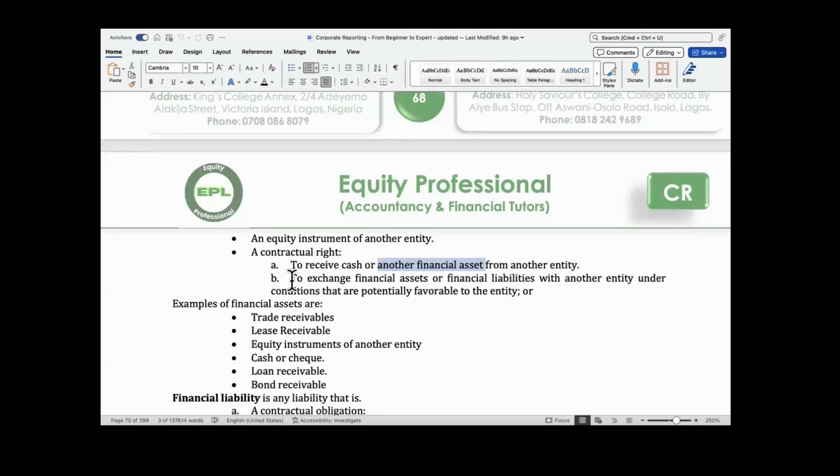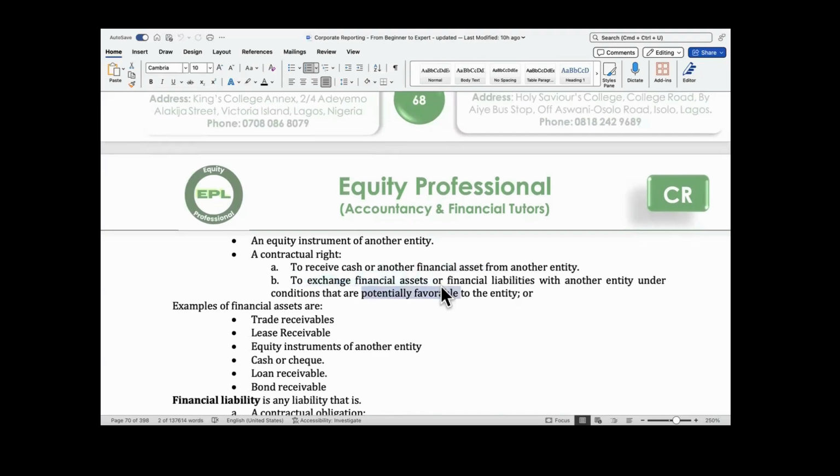Or if you have a right to exchange financial assets or financial liabilities with another entity under conditions that are favorable to you. It's possible to exchange financial assets. This is not so common in this part of the world, that's why you will not find it commonly in your exam. But it's possible.